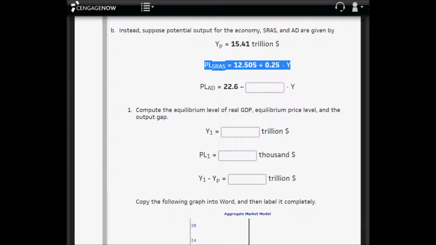In Part B of the problem, short-run aggregate supply is different. It has a bigger intercept and it is more elastic than what short-run aggregate supply was in Part A. In Part A, the slope was 1. In Part B, the slope is 0.25. I've copied all these numbers into the Excel spreadsheet we've been using in problems 4 and 5.